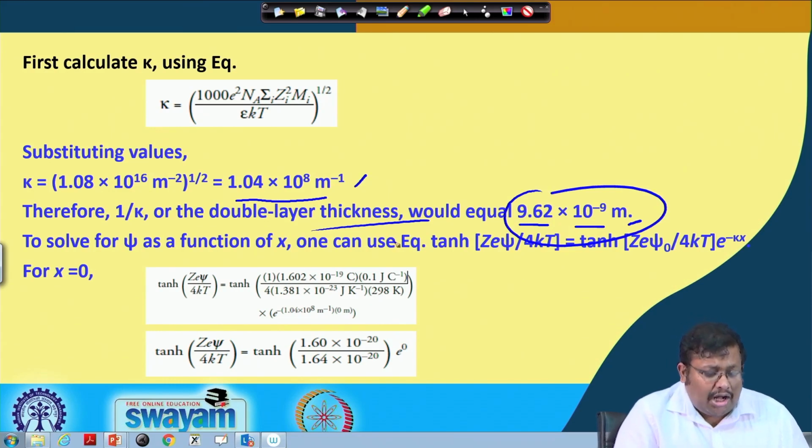Okay. So, we solve this for psi as a function of x. Basically we put all these values here, and to simplify, x equals 0 here, and the value of k is given here, so the thickness is given here. From there we can calculate this equation.